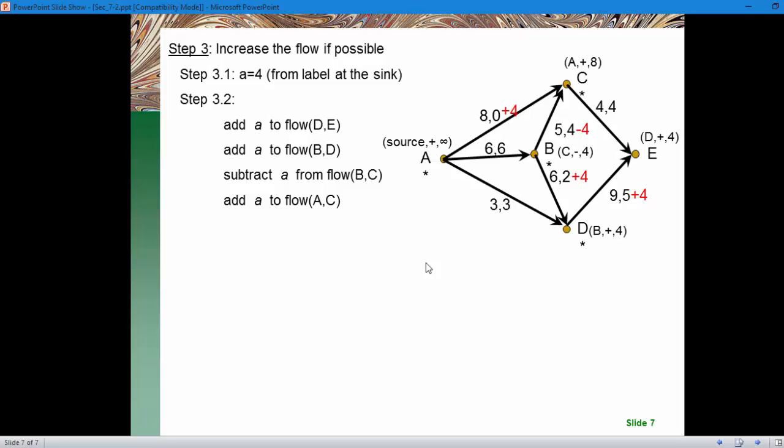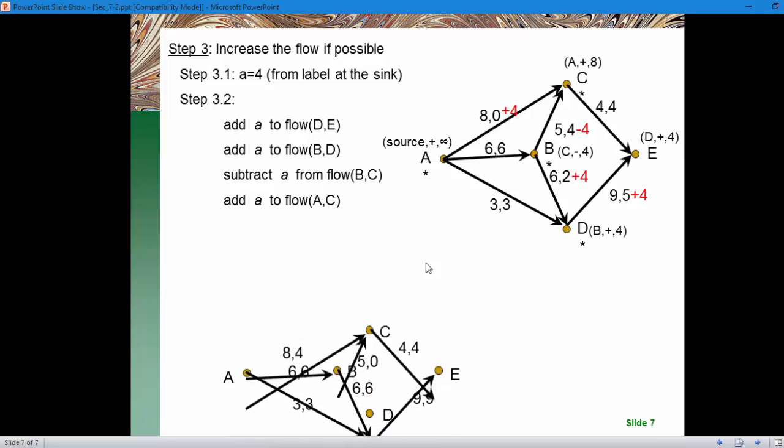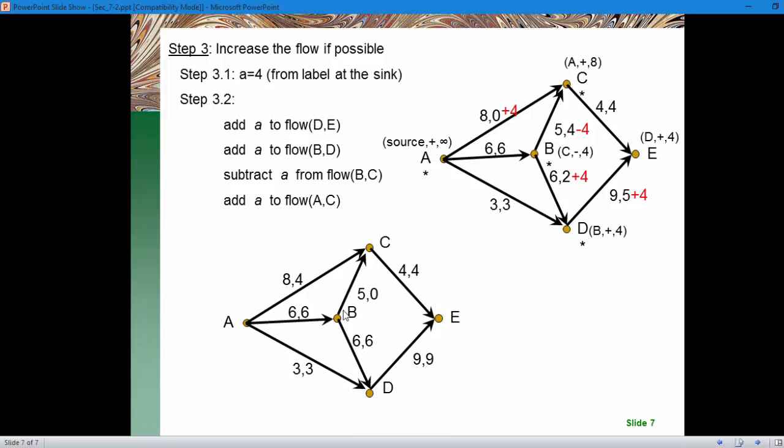So we do that, and the new flow is then reflected right here. So notice that this now is 4. Here the flow is 0. Here the flow is 6, and here is 9.